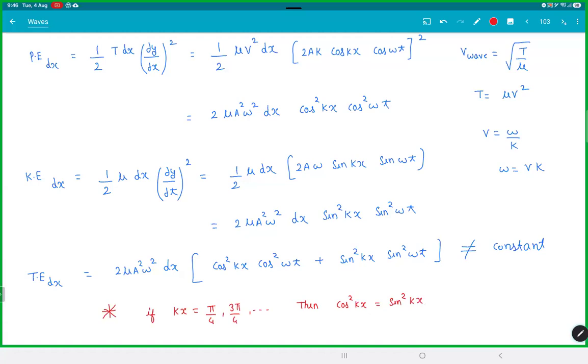That is the only exception there. When they become equal, both will come out. Then your function becomes 2 mu a square omega square cos square kx dx, and then sin square omega t plus cos square omega t becomes 1.